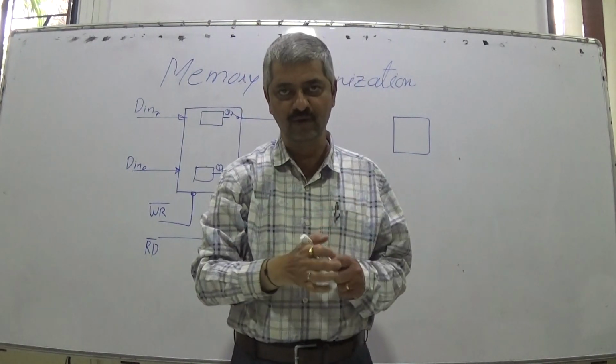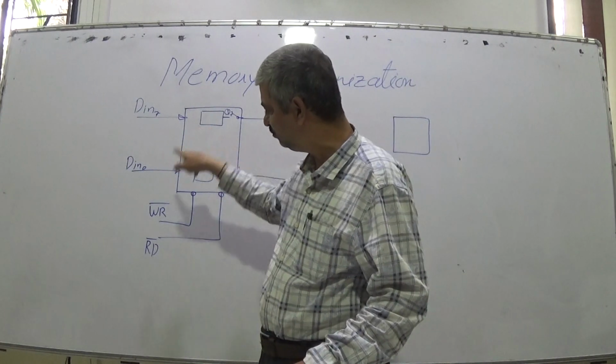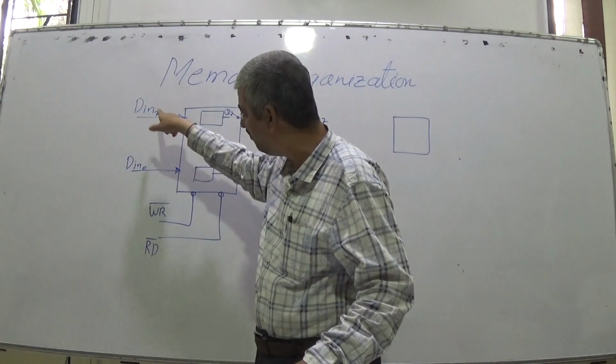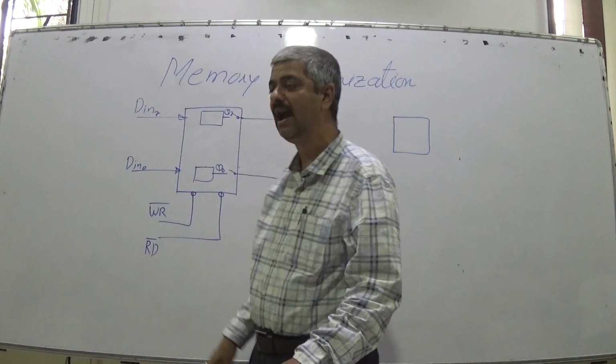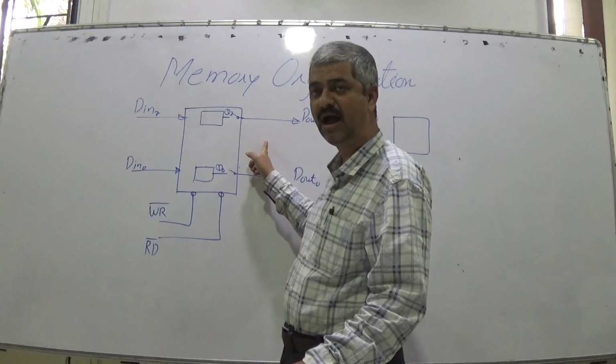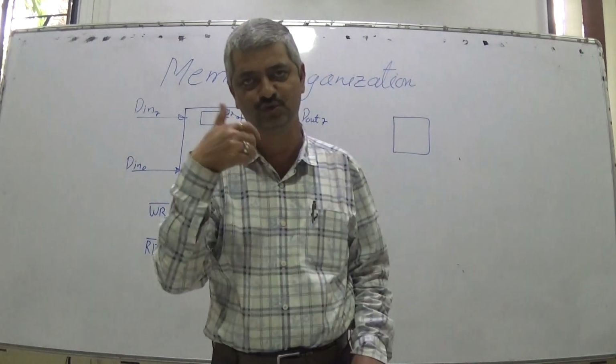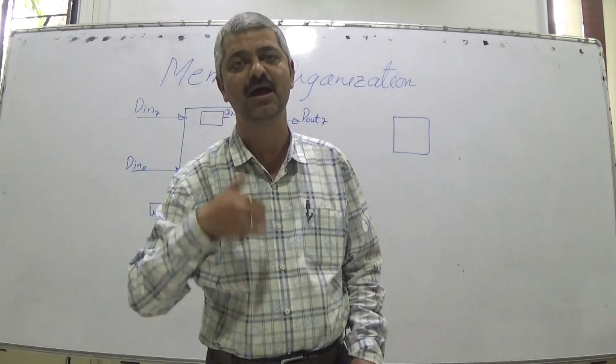So I can store in this single byte memory cell using write bar from the data in lines, and I can read whatever is stored on the data out lines using read bar. So whatever is stored comes out.